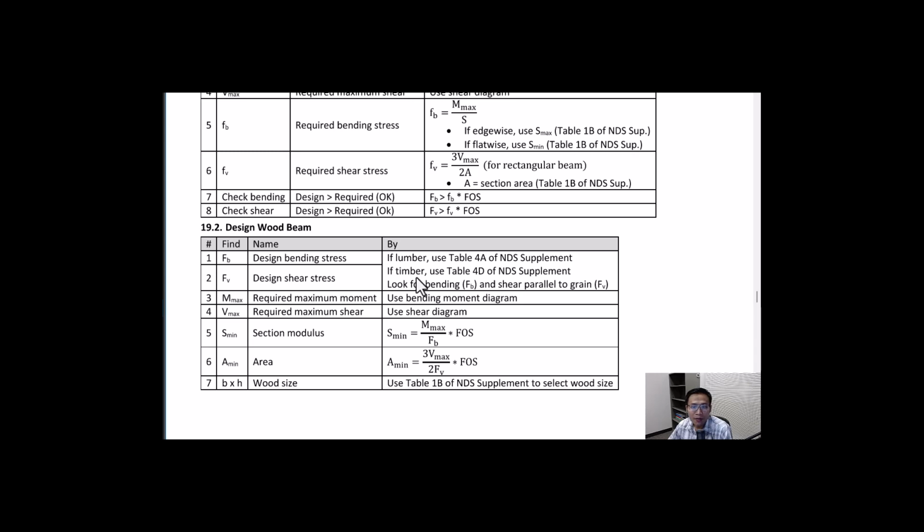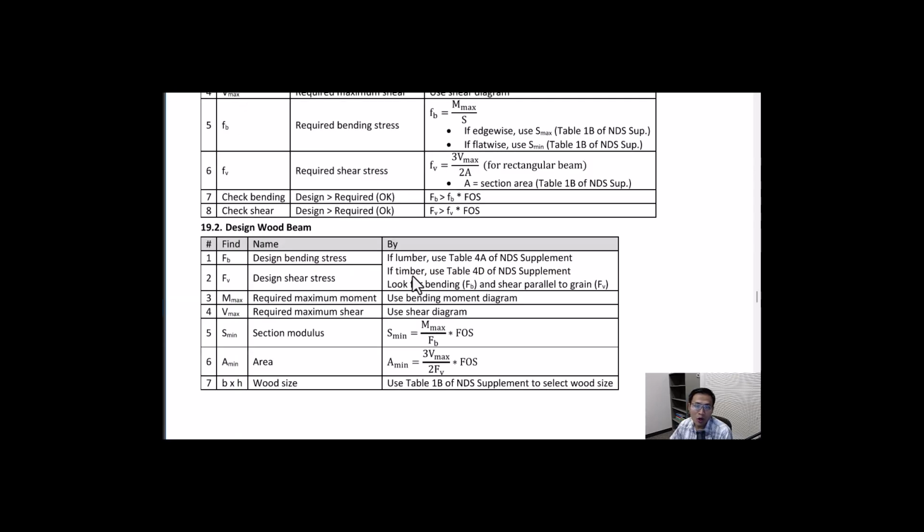The rule of thumb is that if you have both lumber and timber in the table, then you pick the smaller value for safety of the design. If you see only one table has that type of wood, then you just pick that value.